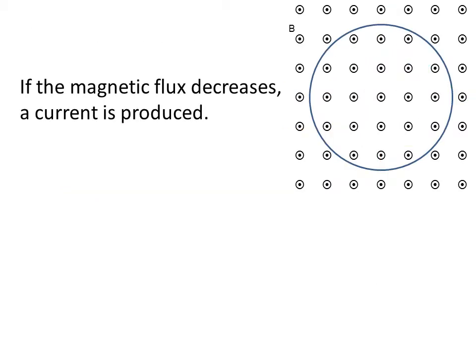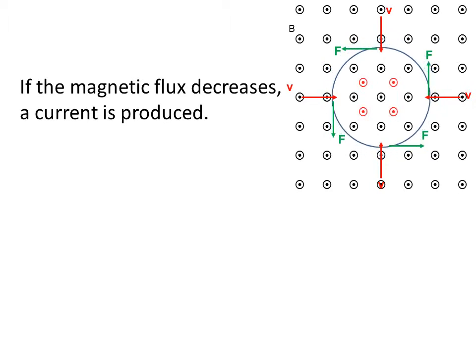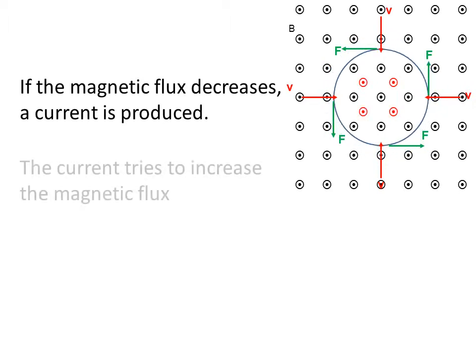So in summary, as the magnetic flux decreases, a current is produced. This current tries to increase the magnetic flux. When the flux decreases, the current tries to increase it.